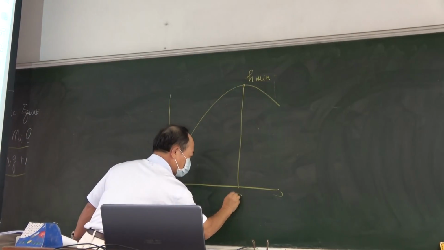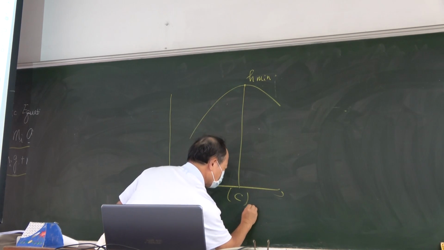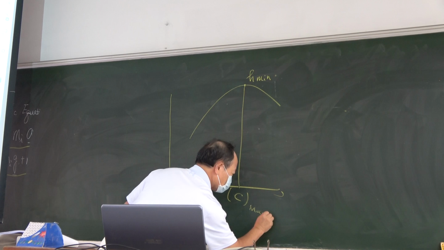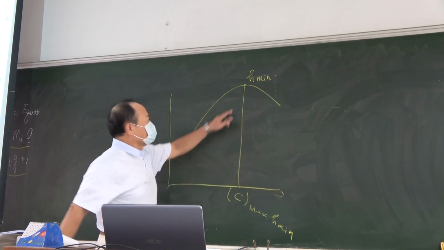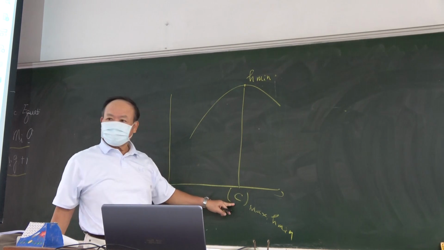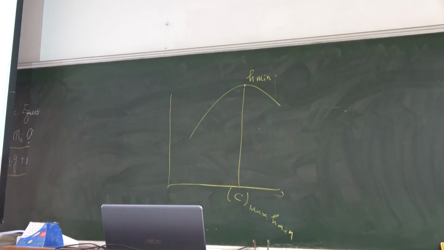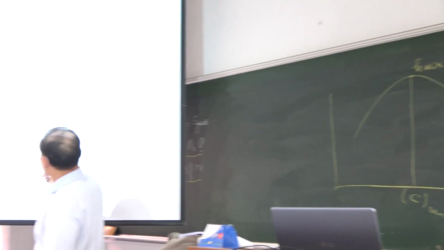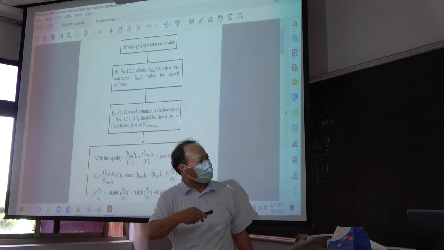And here they have a C maximum. But our C value chooses this value. So use this plot, 你用这个 figure 12.4 and the optimization, 就是 this figure.